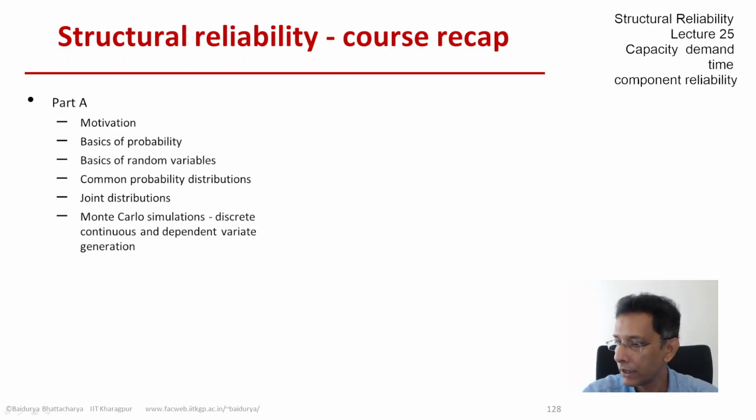We looked at joint distributions, and then we ended part A with a discussion on Monte Carlo simulations, particularly the generation of discrete and continuous and dependent random variates.